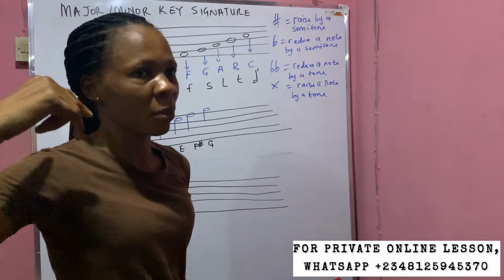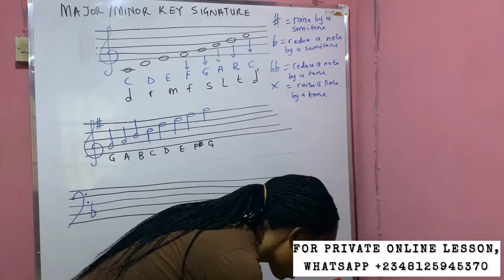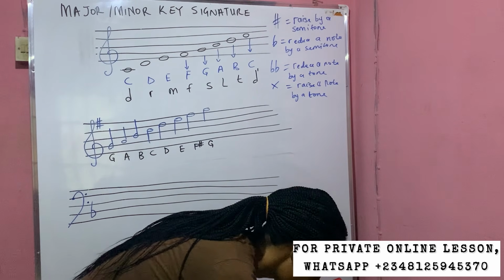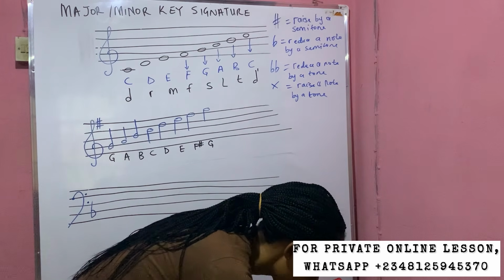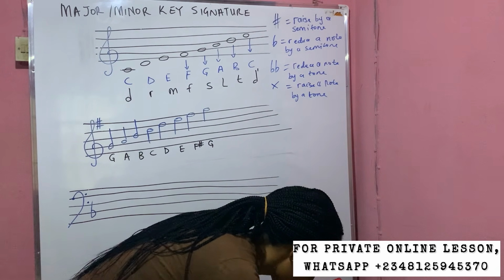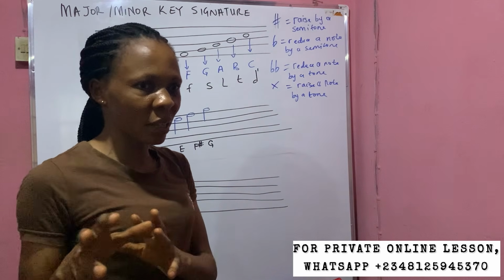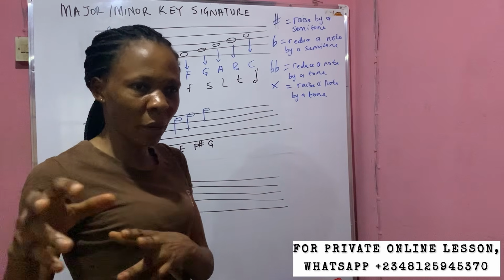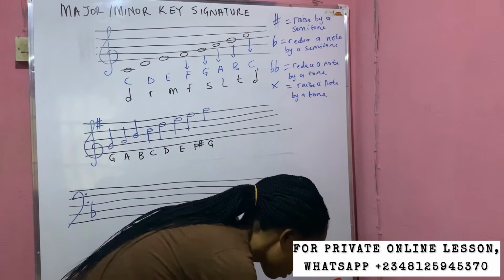Listen to the key of G, and now listen when you don't add the F sharp, how it's going to sound. You hear now, it's balanced. Now, if you mistakenly play natural F instead of F sharp, here is how it's going to sound.